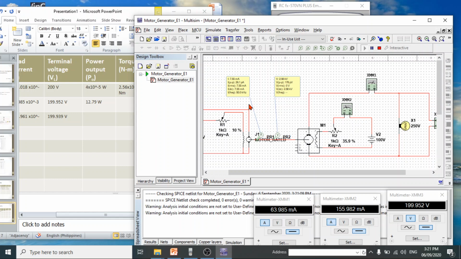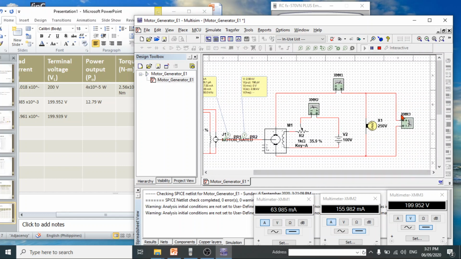In this setup, the speed of the generator is being held constant, such that the terminal voltage of the generator will also be around 200 volts.